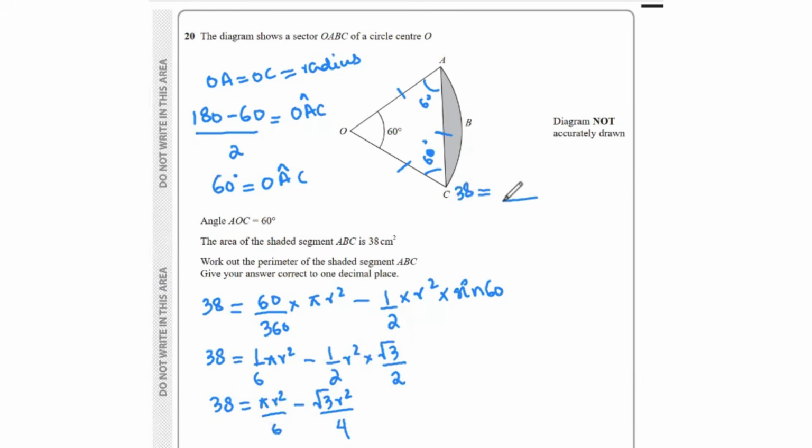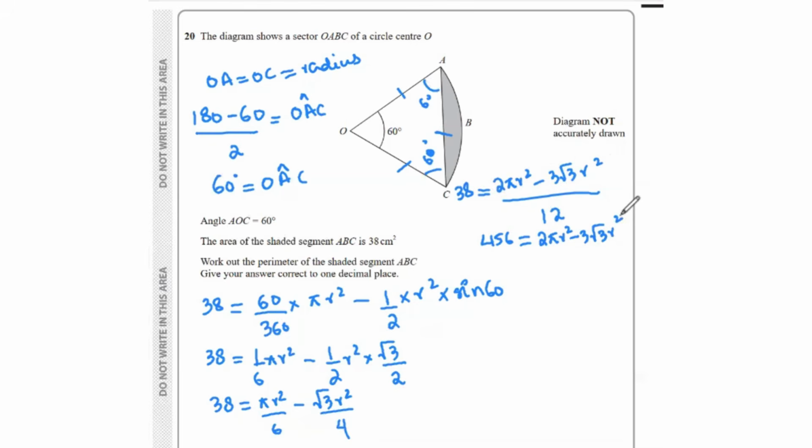that's going to be, they have a lowest common multiple of 12. So 2 pi r square minus 3 root 3 r square. 38 times 12, cross multiply. That's 456 equals to 2 pi r square minus 3 root 3 r square.